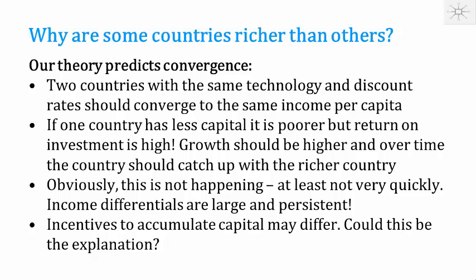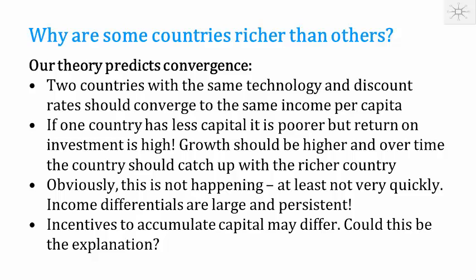So if one country starts with less capital, it's going to be poorer. But in that country, the return on investment is very high. So growth should be high, and over time the country should catch up with the richer country. So obviously this is not happening, at least not very quickly. There are very large and persistent income differentials. So why is that?